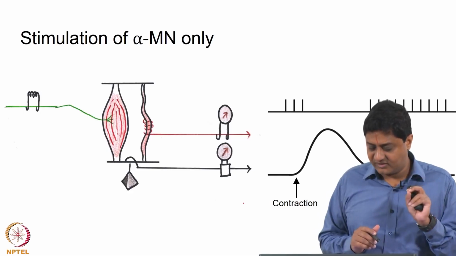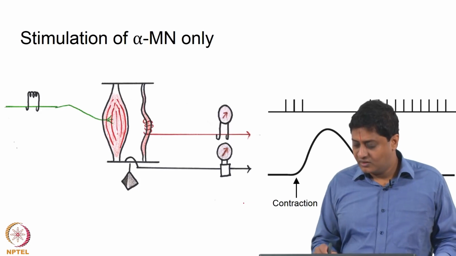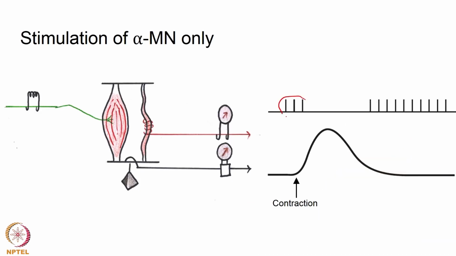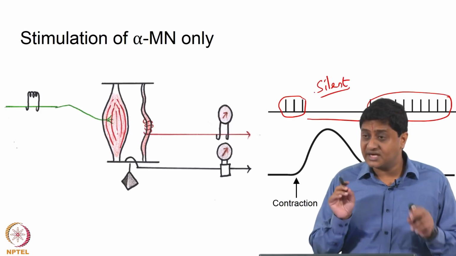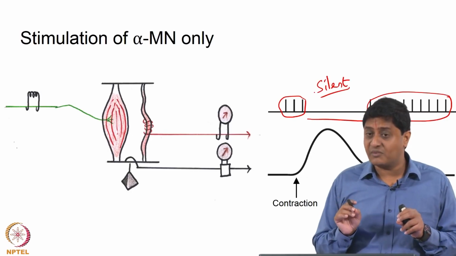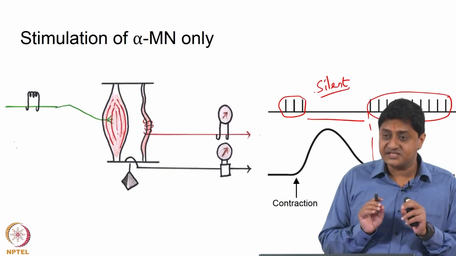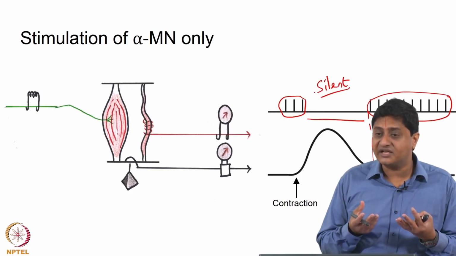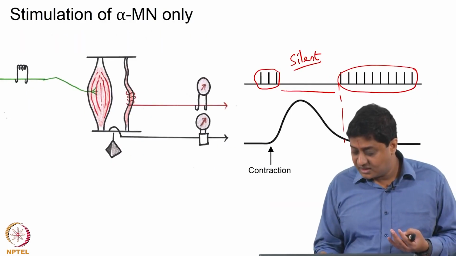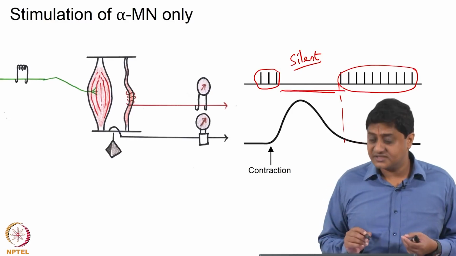What you will see is some length being measured after the contraction is over. During the contraction this is silent. Why is this silent? Because the static sensitivity has not been adjusted; the gamma motor neurons responsible for changing the static sensitivity have not been activated. Because of this reason this remains silent.